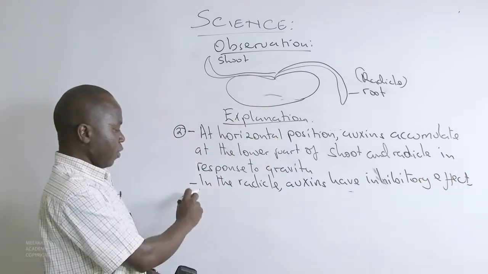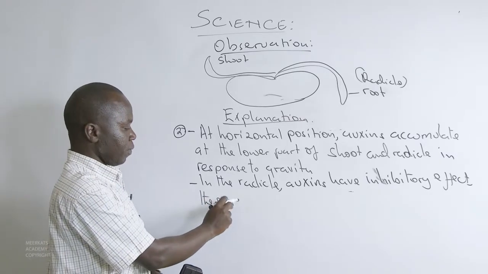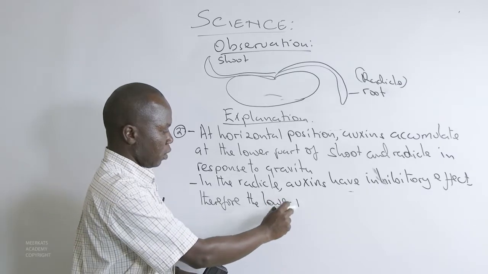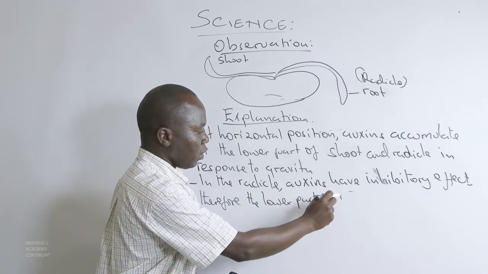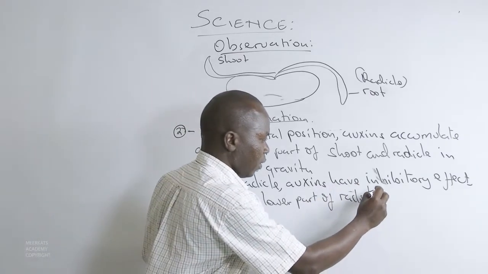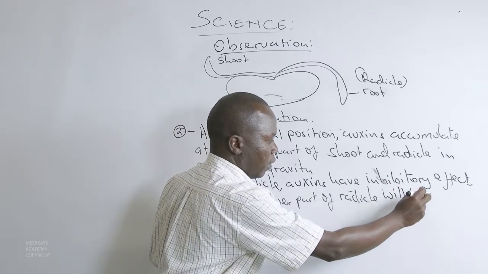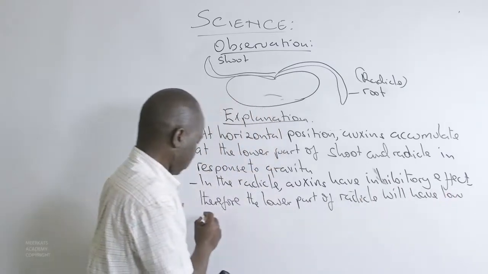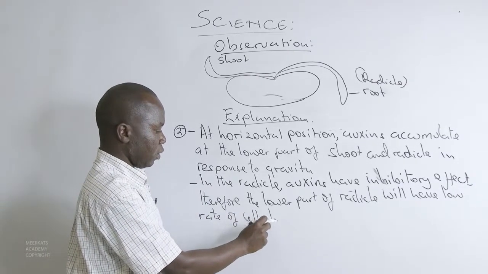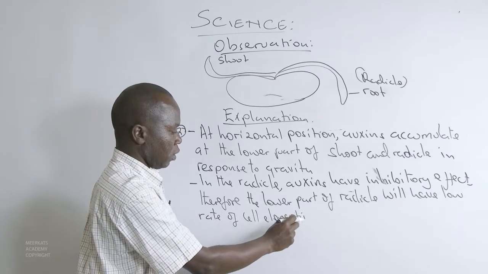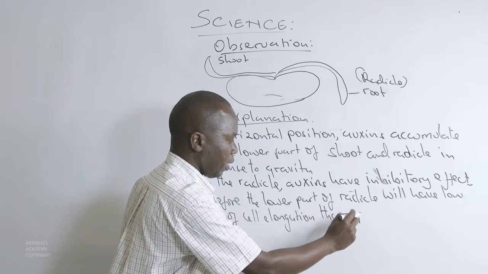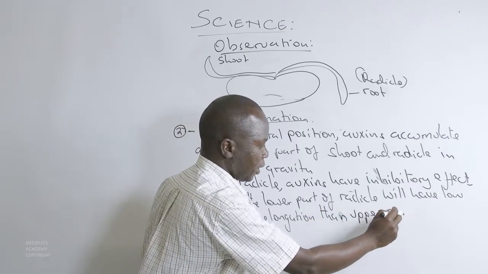Because of this, the lower part of the radical will have a low rate of cell elongation than the upper part.